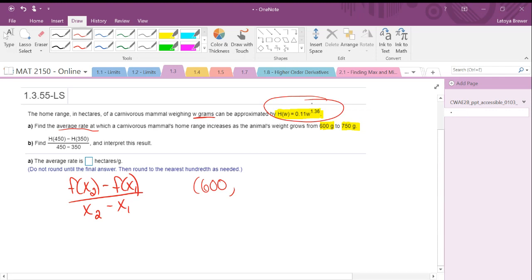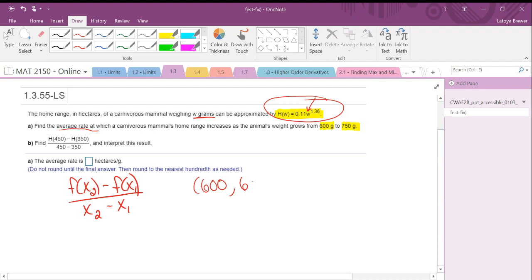So what I'm going to do is take 600 and plug it in place of W, because that's my weight. So I would put 0.11 times 600 raised to a power of 1.36. And the output there, I want to make sure I put it in right because I don't want to write a number in here that is incorrect.